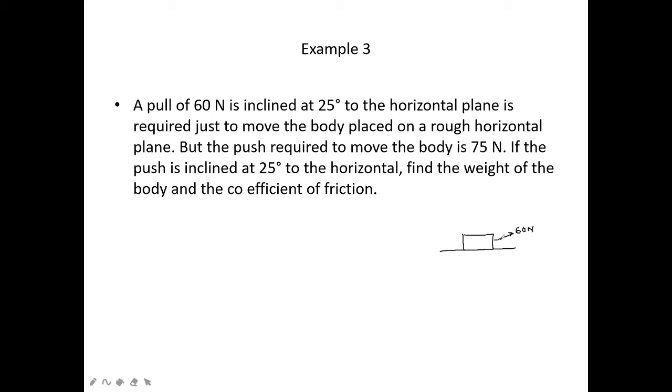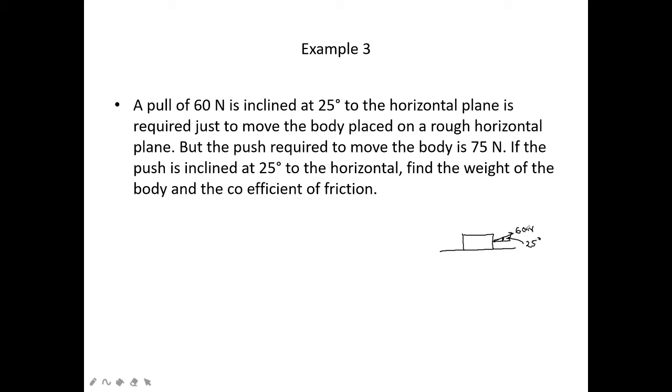So we will pull with a 60 Newton force, inclined at an angle of 25 degree. This angle is given to you as 25 degree. Now the body is placed on a rough horizontal plane.